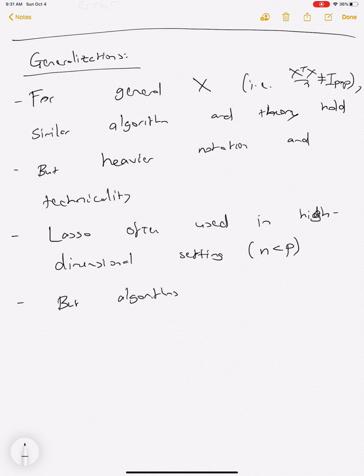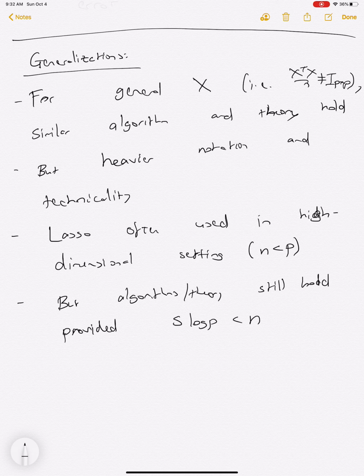But in this case, what's cool is that the algorithms and theory still hold, provided s log p is less than n. So even if your n is smaller than p, as long as your s log p is less than n, your theory and your algorithm still hold.